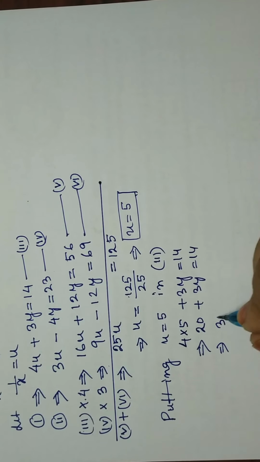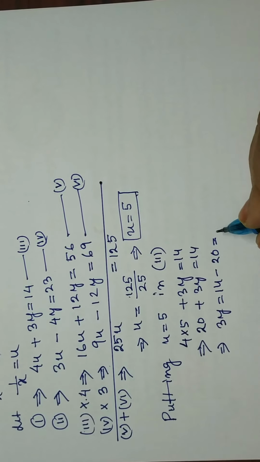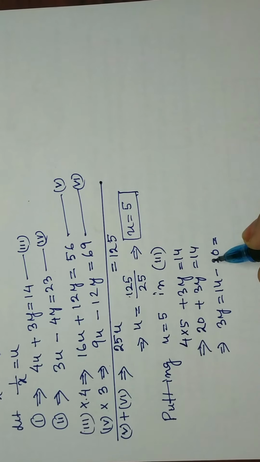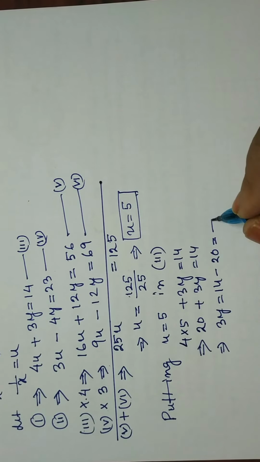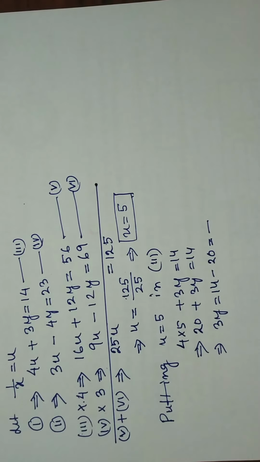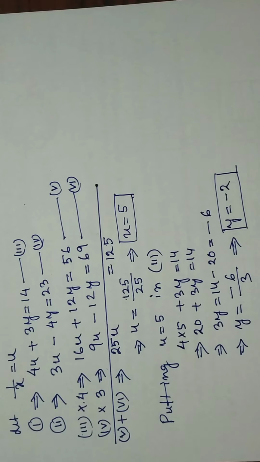This means 3y equal to 14 minus 20, which is minus 6. That means y equal to minus 6 divided by 3. So y equal to minus 2. We get the value of y equal to minus 2.